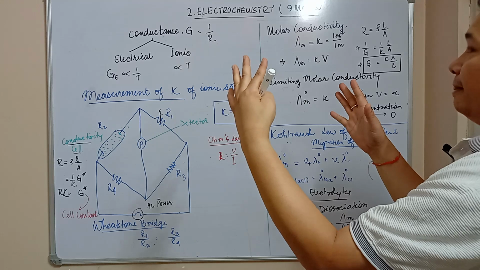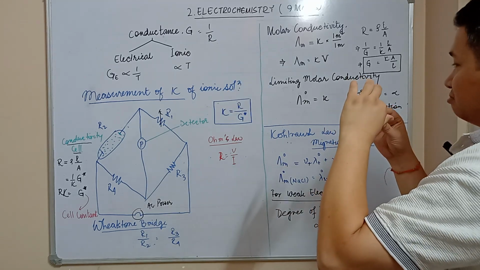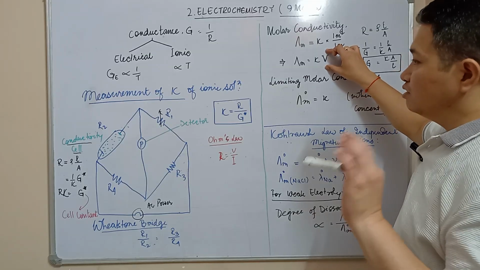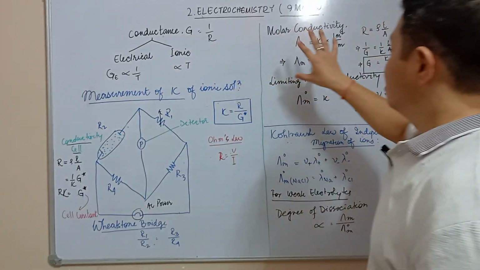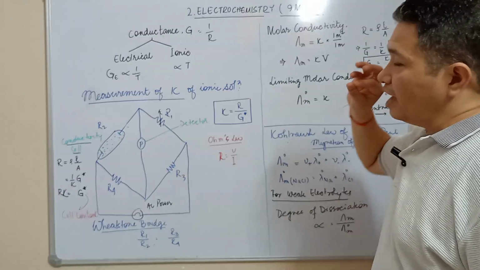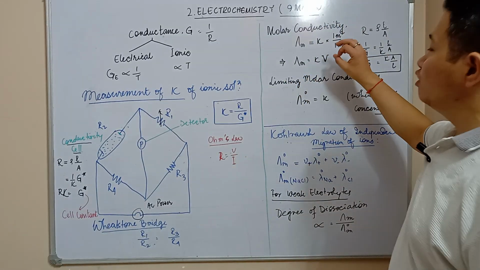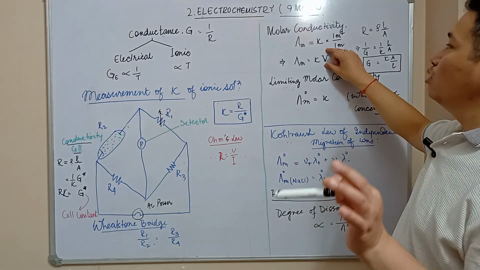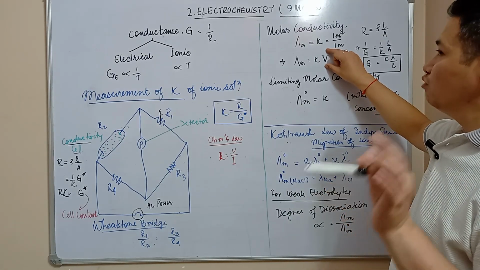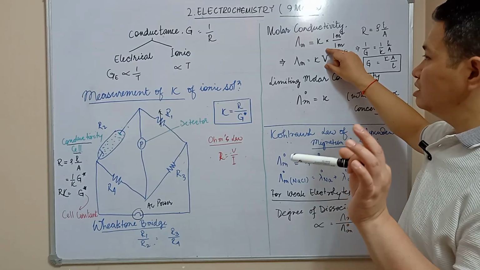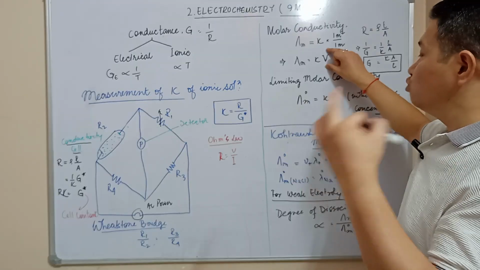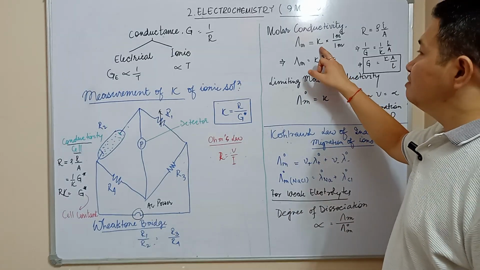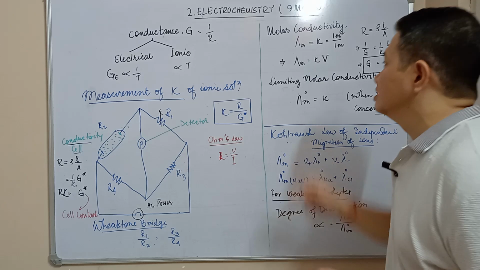That is, when the volume of the solution is unit, the molar conductivity of an ionic solution is defined as the conductivity of the solution containing 1 mole of solute, whose concentration is unit concentration. At that time, the conductivity of the solution is known as molar conductivity.